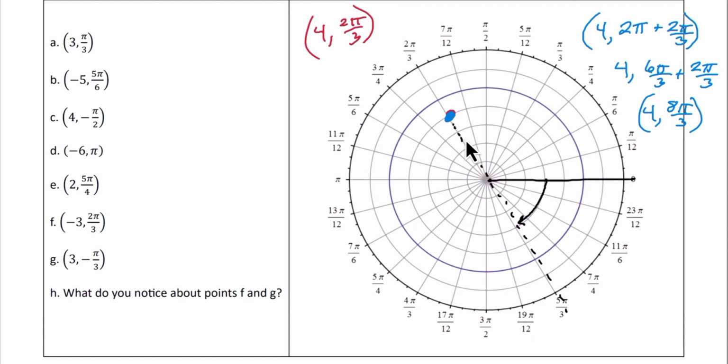That is a negative r. So negative 4, and the angle in this case is negative π/3. Again, we're representing the exact same point a different way. We have 3 different ways to represent that exact same point. And there's actually an infinite number of ways to do that. We just change the angle, or in this case, we change the angle and r.